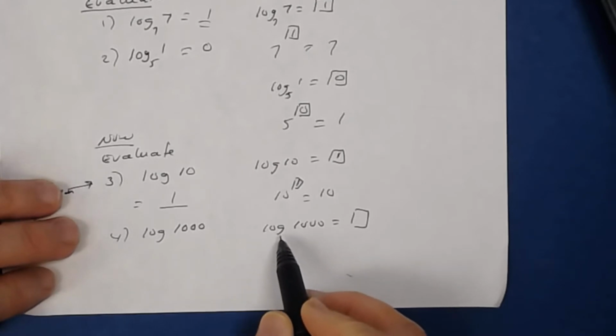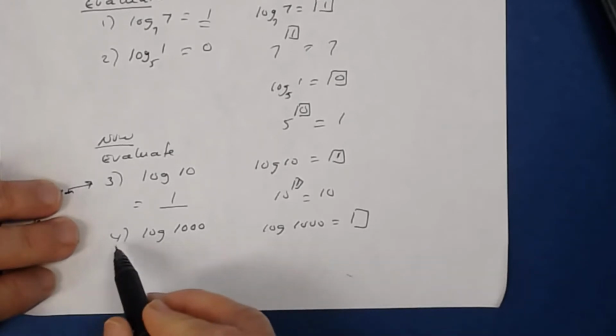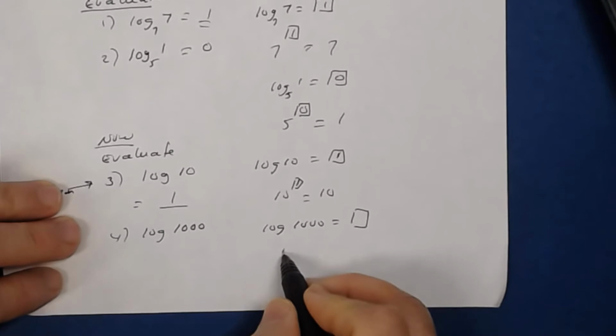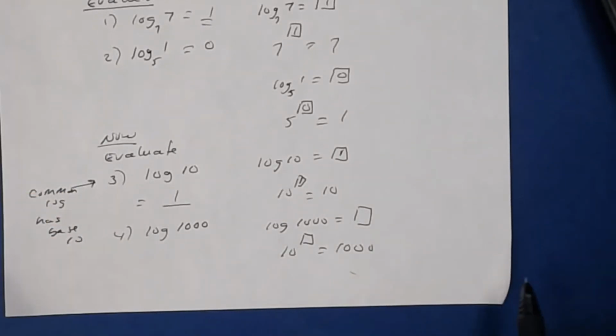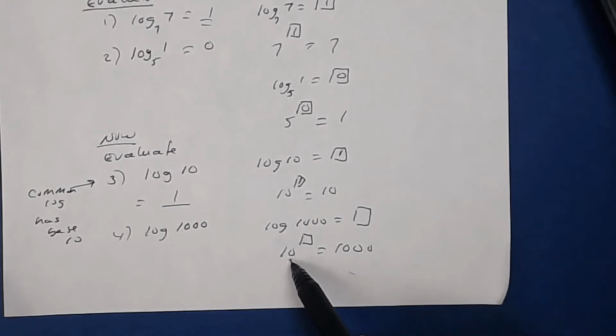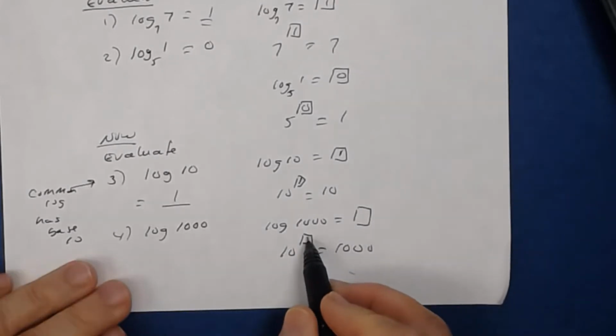What's the base understood to be? Base is understood to be 10 because this is a common logarithm. So 10 to the box equals 1,000, right? Okay, so then you're going to ask yourself, 10 to what power equals 1,000? Many of you know this by now. You know what that exponent is. So 10 to the first power, you know that's 10. 10 to the second power, you know that's 100. 10 to the third power is what? 1,000. So you know that's supposed to be 3.